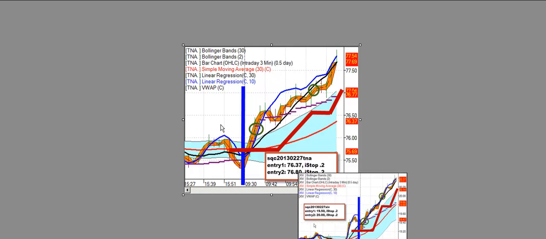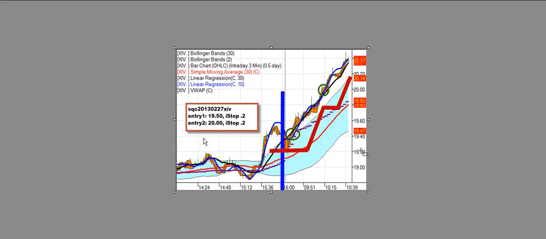Simultaneous to that, while TNA, the triple Russell ETF, is going up, we're also making an equivalent trade in XIV, which is the inverse VIX ETF. Now it had closed a sideways quiet channel yesterday, except for one last little flurry of buying activity at the close.